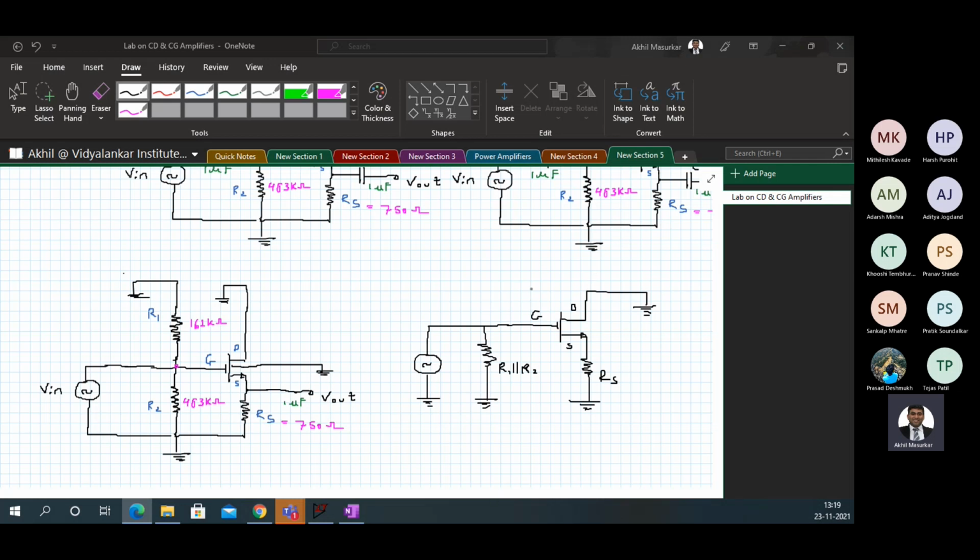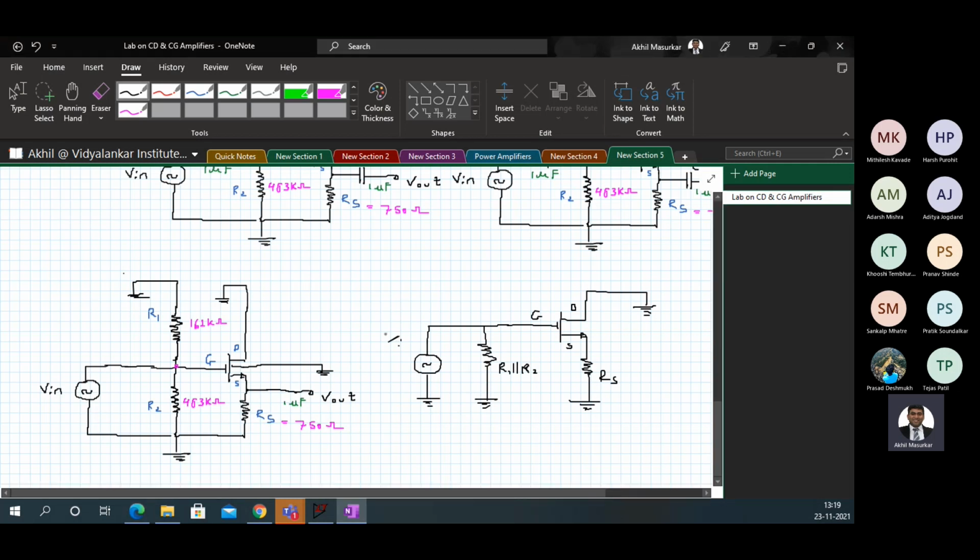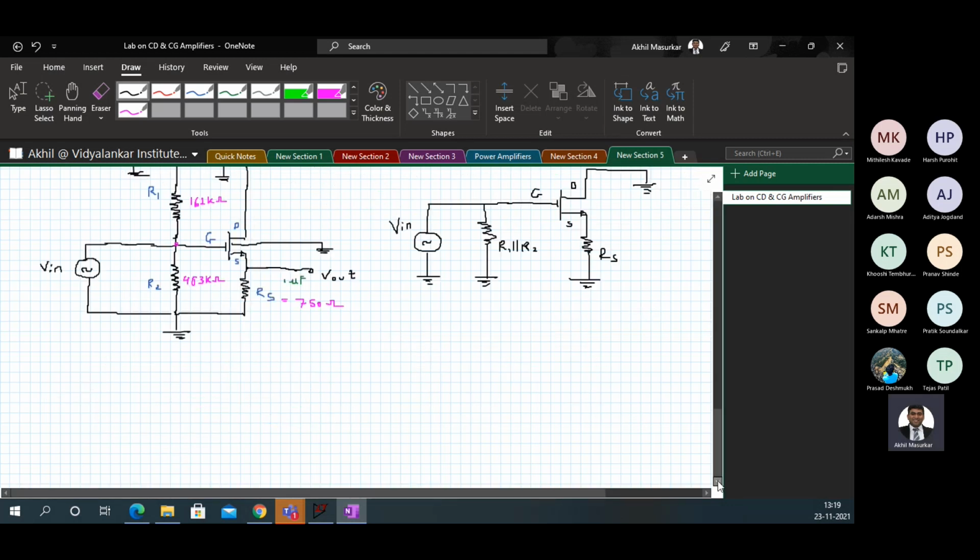Now we will replace the symbol of the MOSFET with the model of the MOSFET, and that will fetch us this. So we have Vin, and again we have R1 parallel to R2.